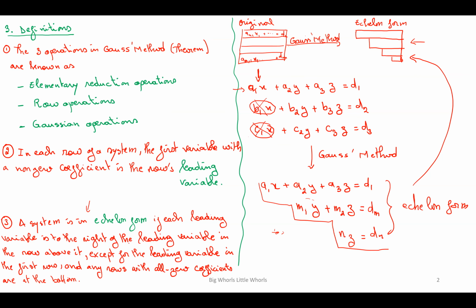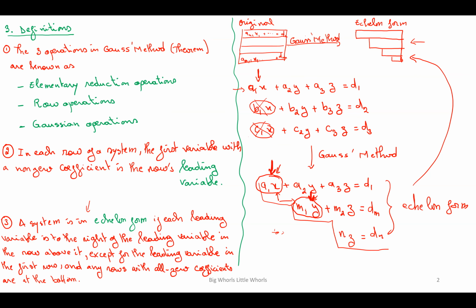The definition says a system is in echelon form if each leading variable, so the leading variable in equation 1 is there, and the leading variable in equation 2 is m1 y. As the definition says, the leading variable in each row is on the right. So the leading variable in equation 2 is on the right of the leading variable in equation 1.